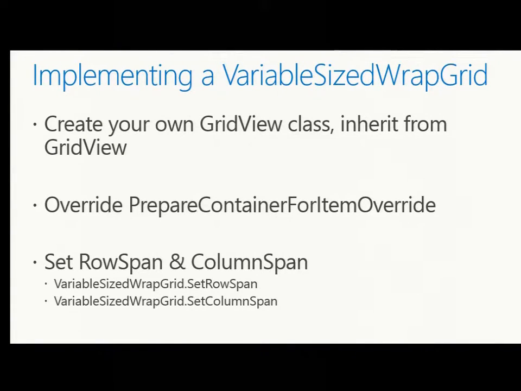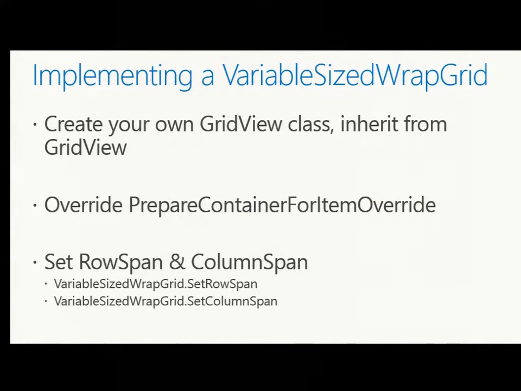You might have noticed that already if you've worked with grid views. Problem is, it doesn't really do anything. You can set the item panel template to a variable-sized wrap grid, but it doesn't know how the items should span across your grid view. So that's what you have to do yourself.